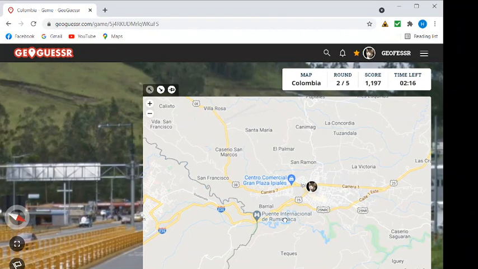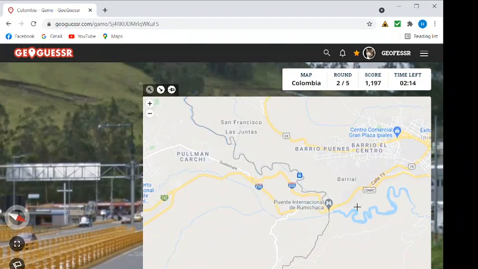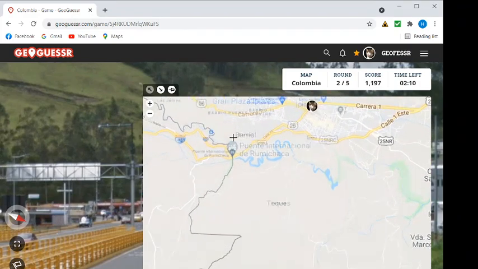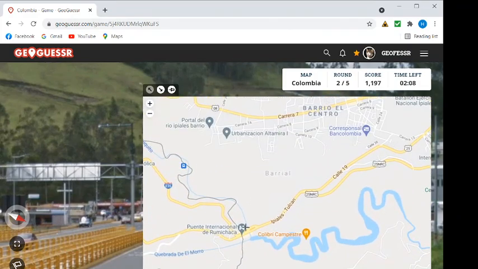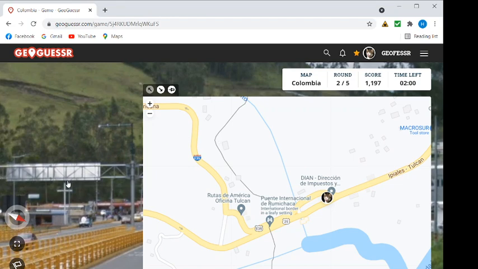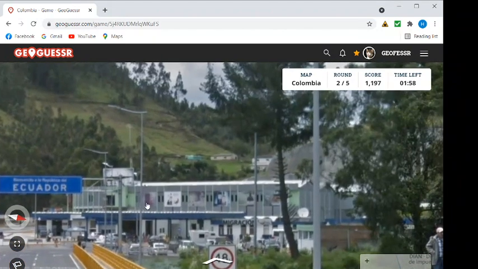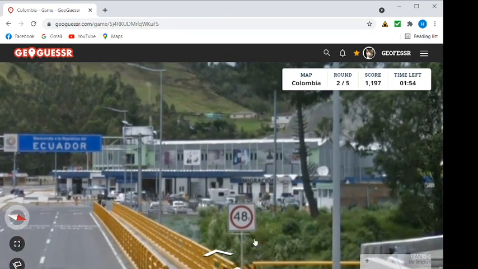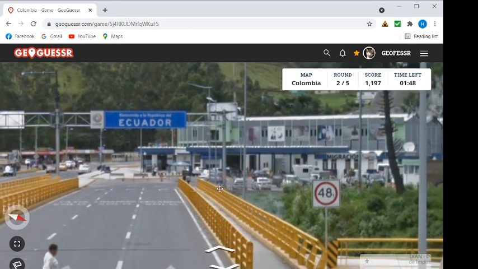Okay, so it looks like there's just the one crossing here on this Highway 25, Puente Internacional de Rumichaca, international border in a leafy setting. Okay, so yeah, that's what this is. 48-ton weight limit, so this is a pretty durable bridge.